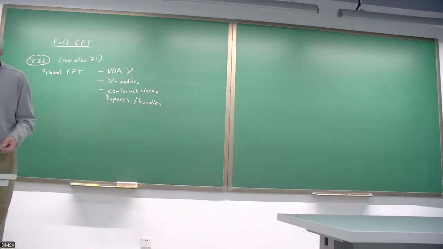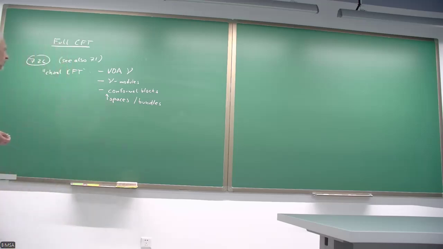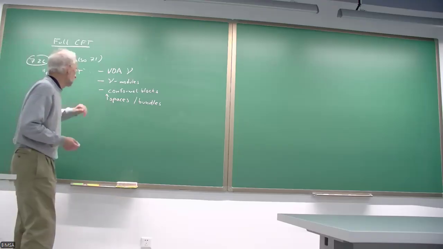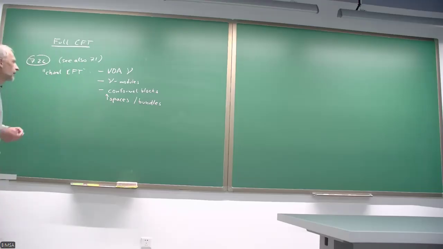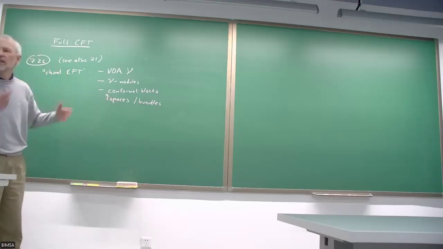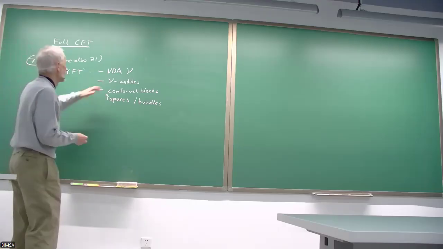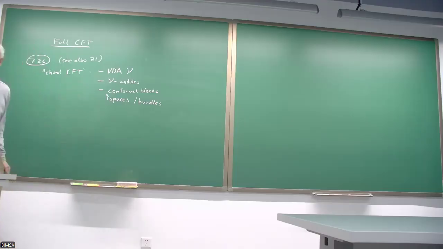And then I also mentioned that we have another way of using the term, by, in the first place, just looking at these spaces as finite dimensional vector spaces, finite dimensional in situations where, for example, the vertex algebra is rational, but also a bit more general could be allowed.